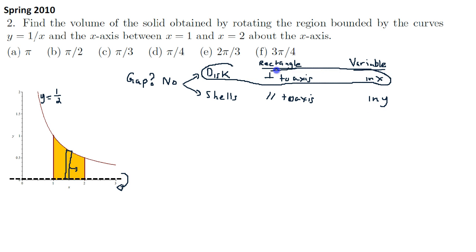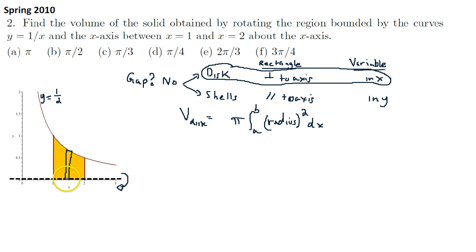So all we need for disk is to be able to figure out what the radius is, because the formula for the volume using disks is pi times the integral from a to b of the radius squared, in this case in dx.